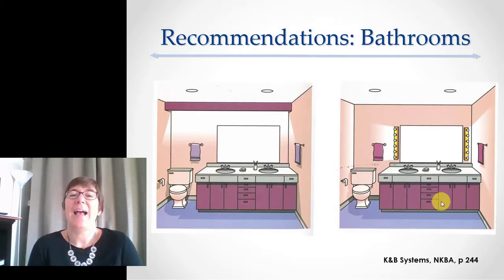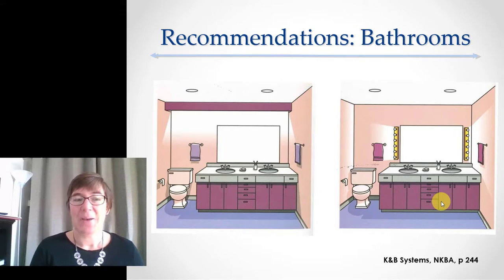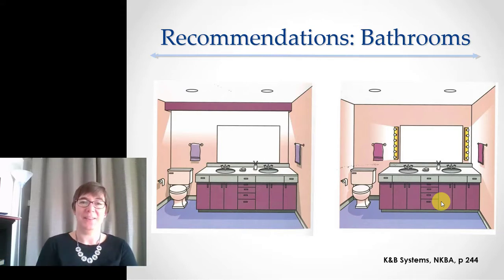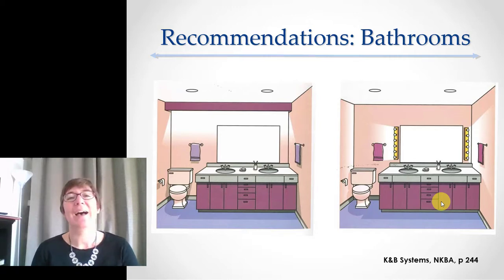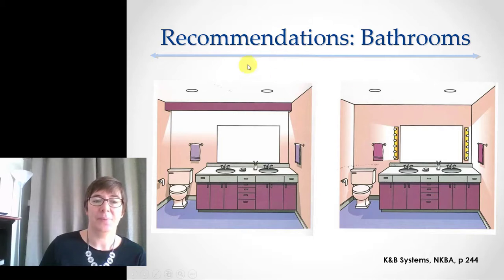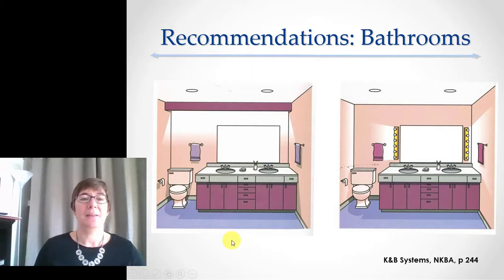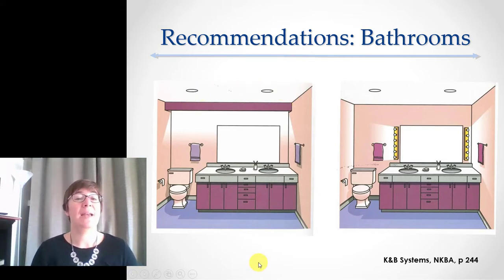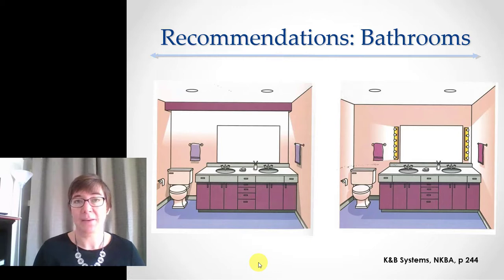Okay, as our last slide for this video, we have these lovely illustrations from your textbook. The lighting scheme on the left has some recessed downlights. They're right here, these little circles. They're going to be providing your general or ambient light.